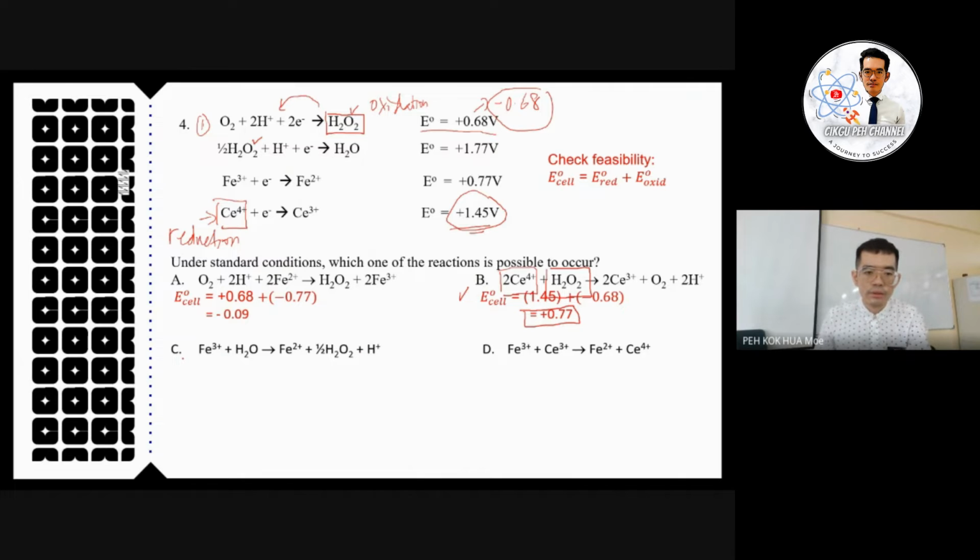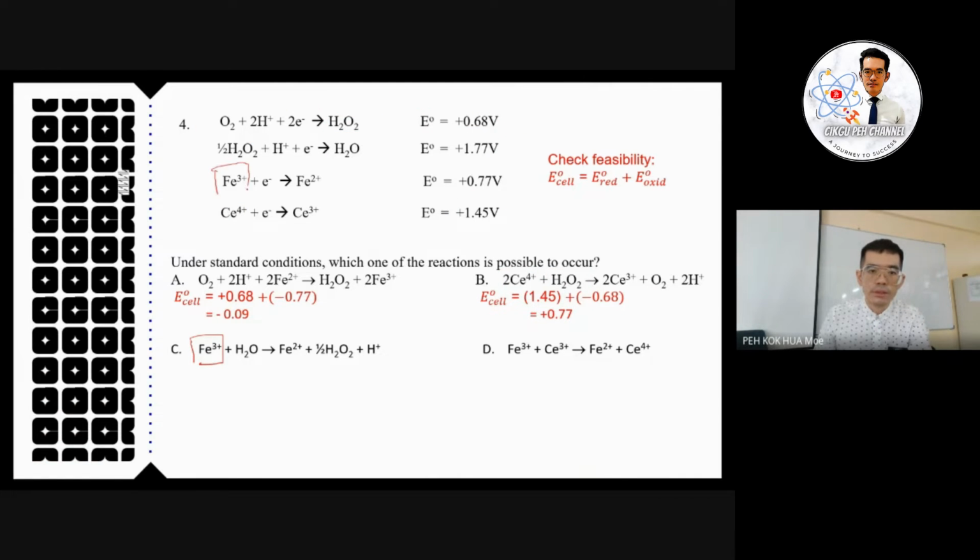So now let us check the other overall equations, C and D. For C, the reactant here will be Fe3+. So that means this will be the reduction reaction for this overall equation with the E0 value positive 0.77.